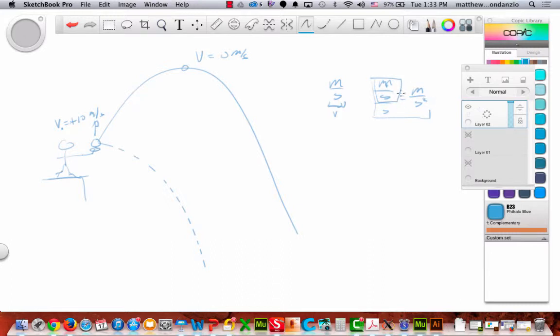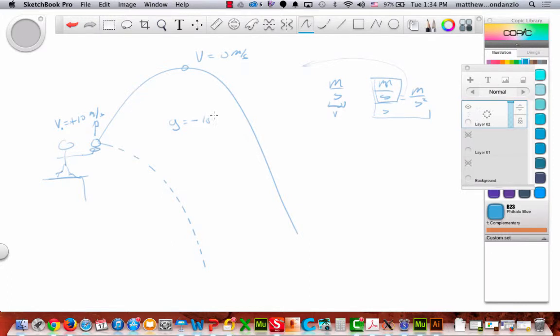So let's go back to here for a second. If I have an initial velocity of 10 meters a second upward, and gravity is decelerating that, or accelerating it in a negative way, at a rate of what?